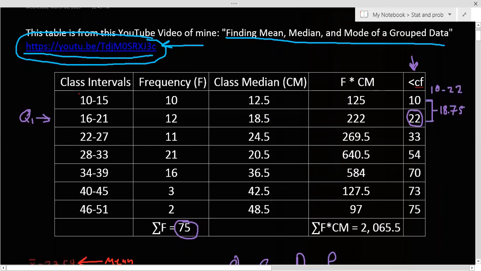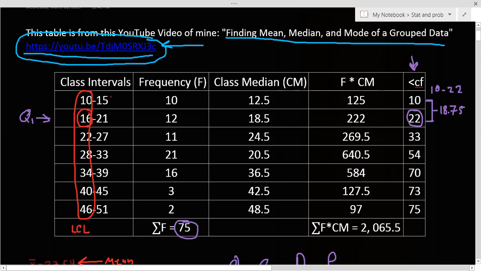So paano yun? So basically, if you know what I mean by lower class limits, basically ito yun. Starting point ng class interval. Okay? So any class intervals, basta starting talaga mismo ng interval, ang tawag mo sa kanila ay lower class limits.